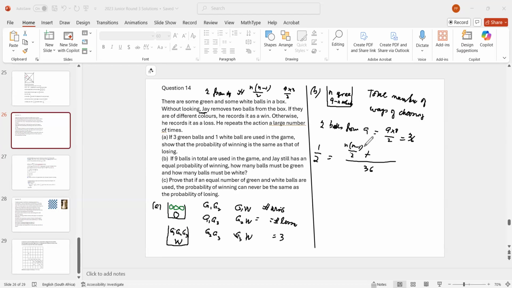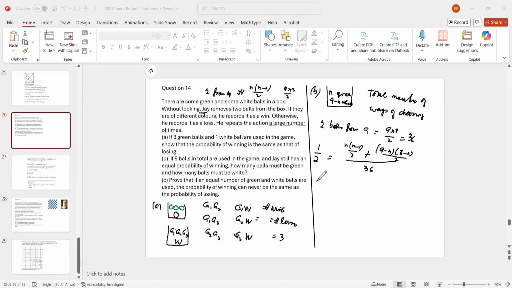And I want to now choose 2 whites from 9 minus n whites. So it's 9 minus n. You subtract 1 from that, you get 8 minus n over 2, right? Because the formula is n into n minus 1 over 2. Okay, so there it is. I've got an equation involving n, and we have to calculate that.